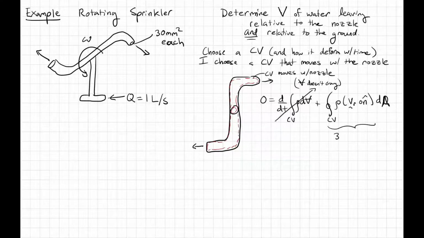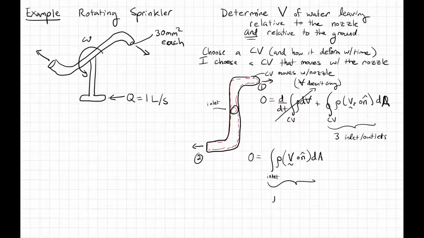In this case, there are three total inlet/outlets. There's one inlet coming from the bottom, and there are two outlets. Let's write out each one of those integrals separately. Zero equals the integral over the inlet of rho times v, the relative velocity, dotted with n.